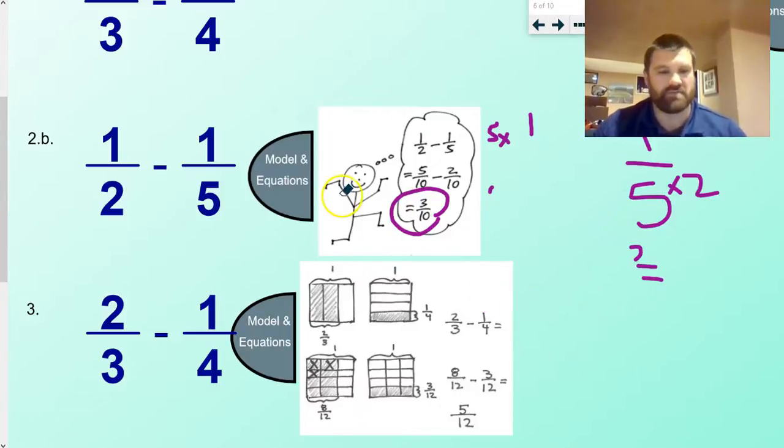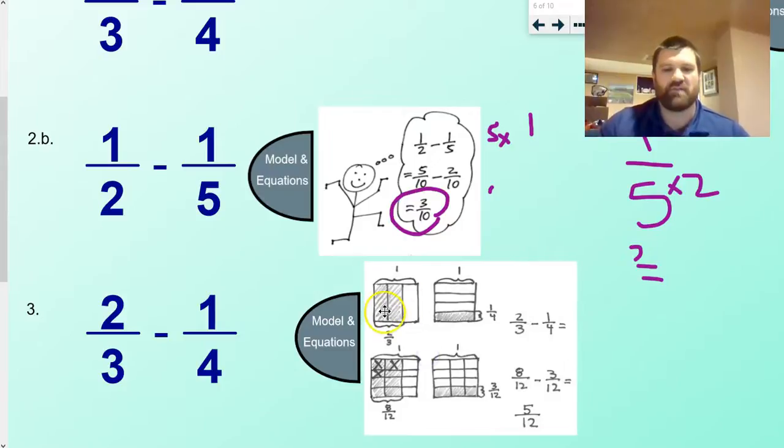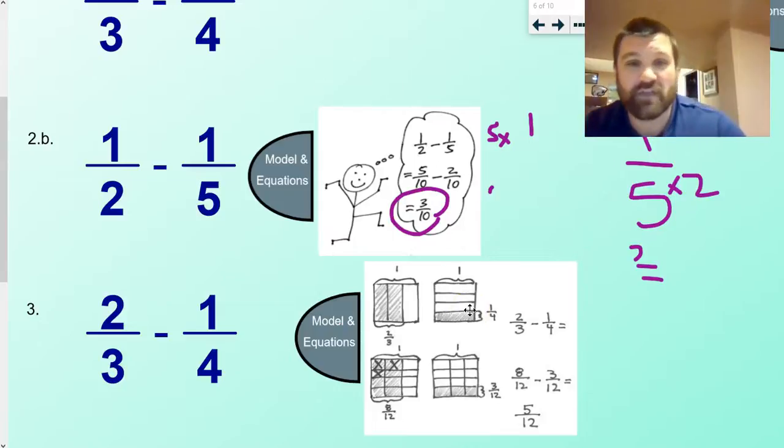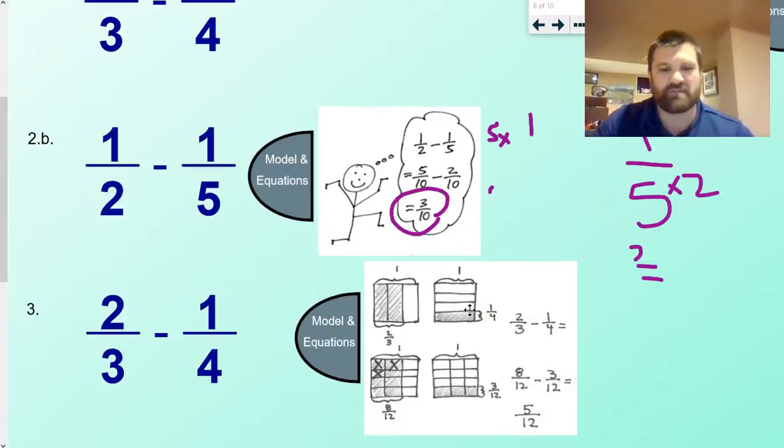Okay, so here we go. Now we have 2/3 minus 1/4. So we're getting a little bit harder. You just start off, you draw 2/3, you have 1/4, you make them the same. And how do you make them the same? Because you combine them. You're finding 1/4 of thirds. You're splitting each third into 4ths. See? 1, 2, 3, 4.